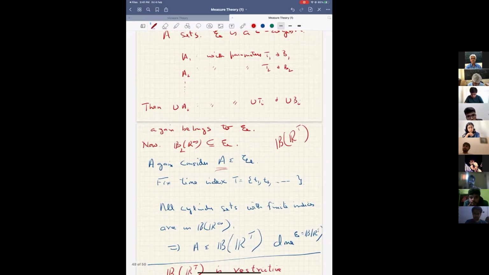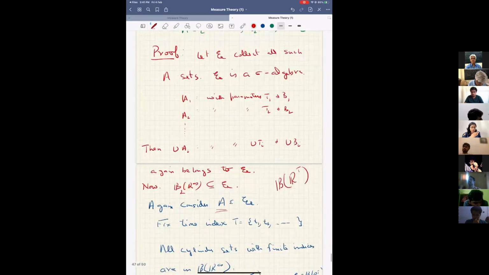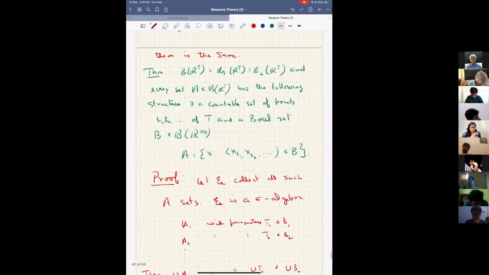So all the cylinder sets with finite indices are in B(R^infinity). So how am I going to show this? What is my set A? It's of this form.